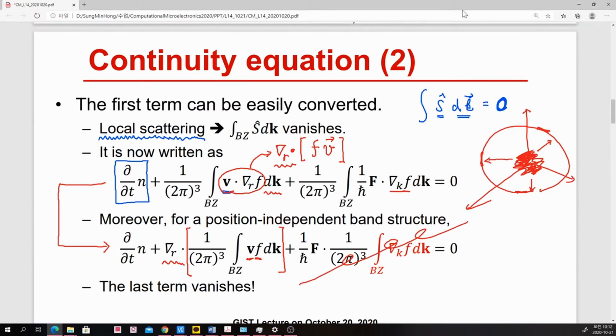So now we understand that originally the Boltzmann equation has 4 different terms. One is related with the time derivative, one is related with the velocity, and the third term is related with electric force, and on the right hand side we have the scattering term. However, by taking the integration over momentum space, the third term and fourth term vanish, and we have only two terms remaining.